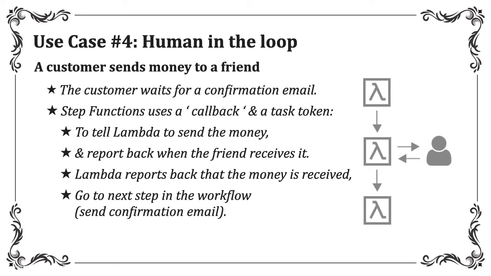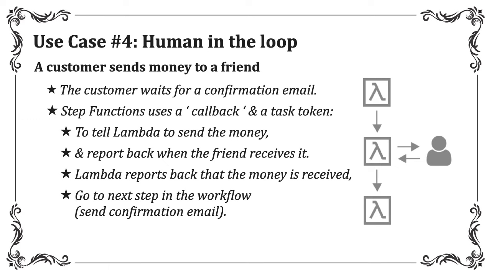Use case number 4, human in the loop. In this scenario, a customer needs to send more money to a friend. Using a banking app, one of your customers sends money to a friend. Your customer waits for a confirmation email with a callback and a task token.